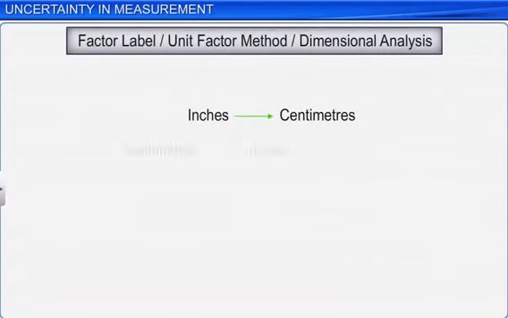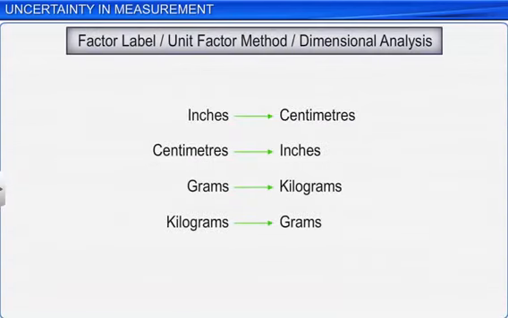When we perform mathematical calculations, sometimes we need to convert units from one system to another. This can be achieved through a method called factor label or unit factor method, or dimensional analysis. Let's understand this through an example.